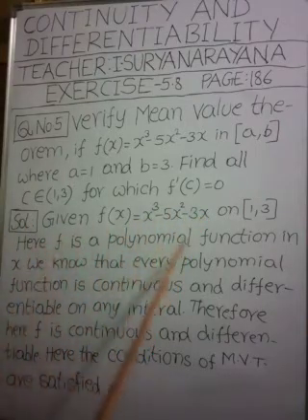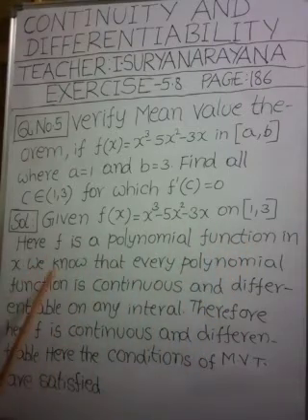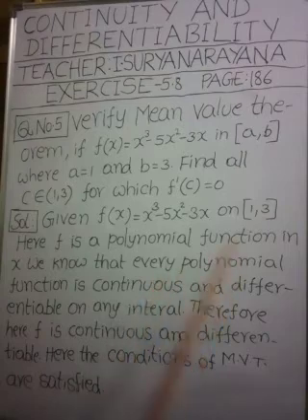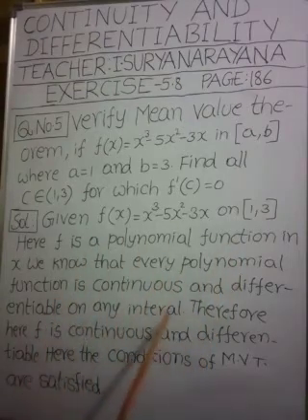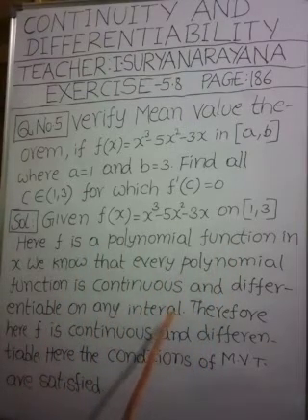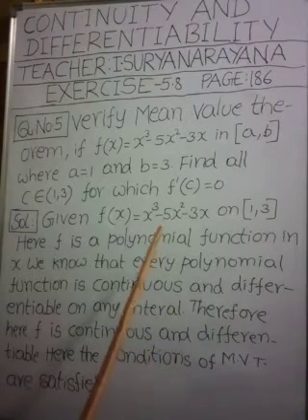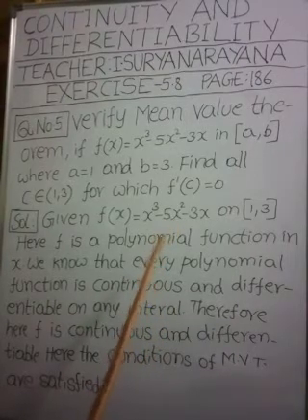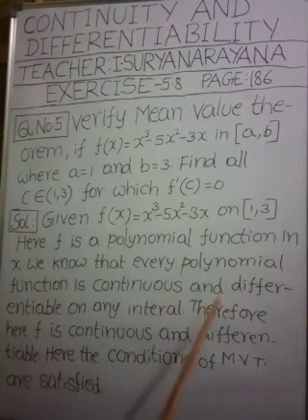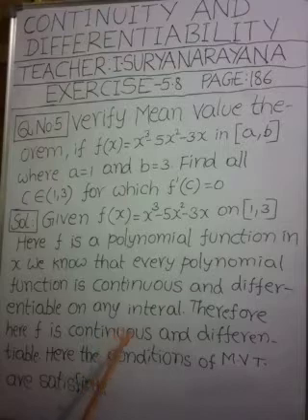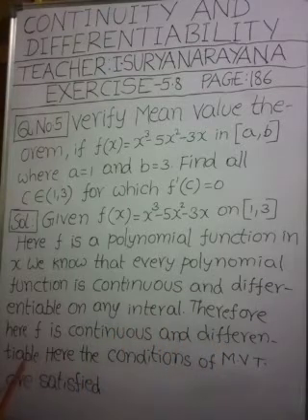Here f is a polynomial function in x. And we know that every polynomial function is continuous and differentiable on any interval. Okay, my children? Same as the previous question, it is a polynomial function. So it is continuous and also differentiable. Therefore, here f is a continuous function as well as differentiable.